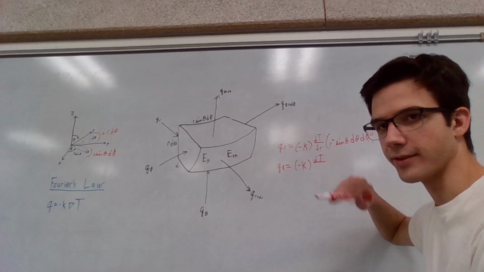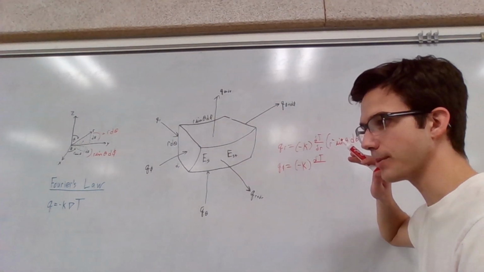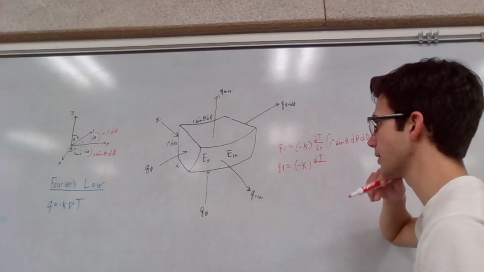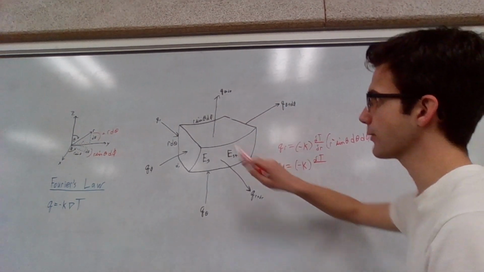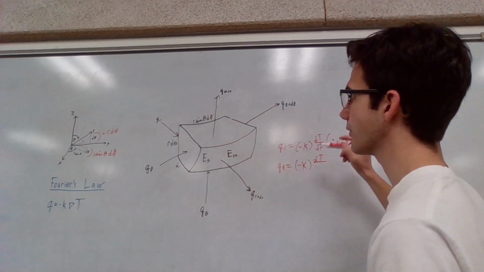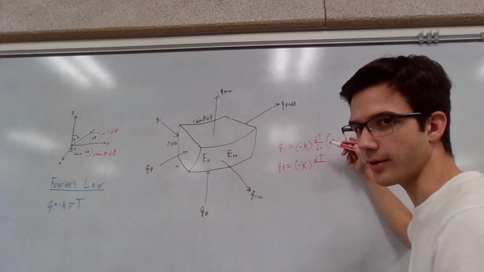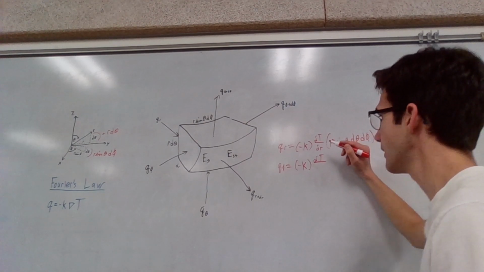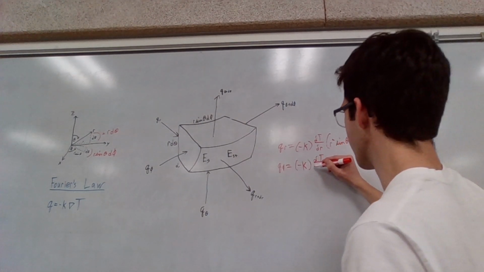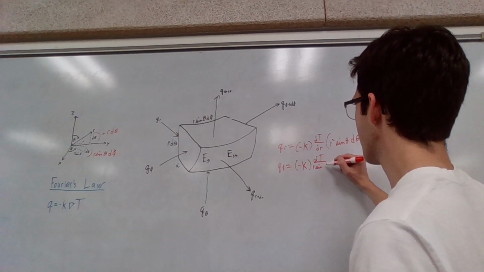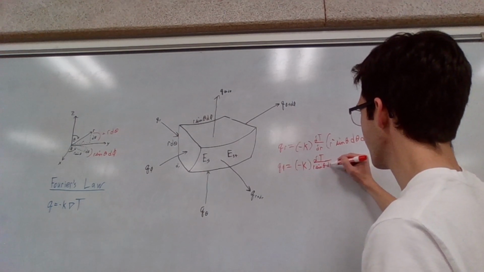The distance changes, and so we need to actually put a distance with this angle for this equation to make sense. And that's what we did here. So it's just going to be our r sine theta d phi. It's not going to be d phi. It's going to be r sine theta d phi because we need it as a distance.